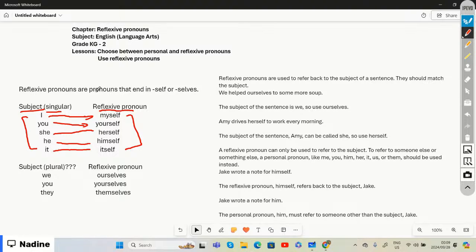That is reflexive pronouns. And we said reflexive pronouns are pronouns that end in self or selves. Self, when it has a singular subject, and selves, when it has a plural subject.